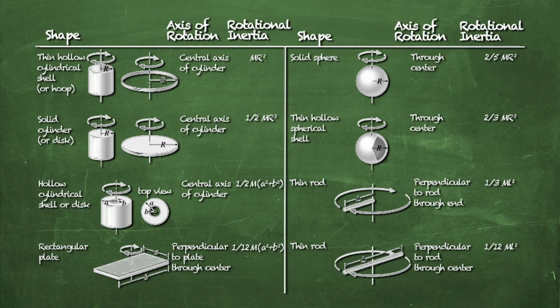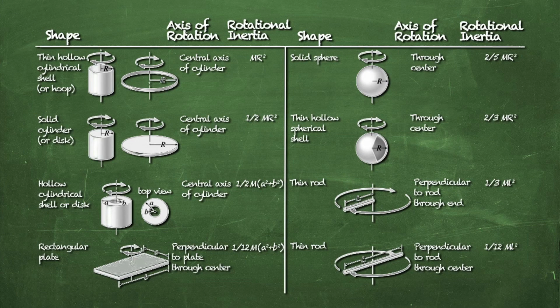So we still have this idea of rotational inertia being mass times length squared, just sometimes we're going to multiply by a fraction, unless all of the mass is at the same distance from the axis of rotation.